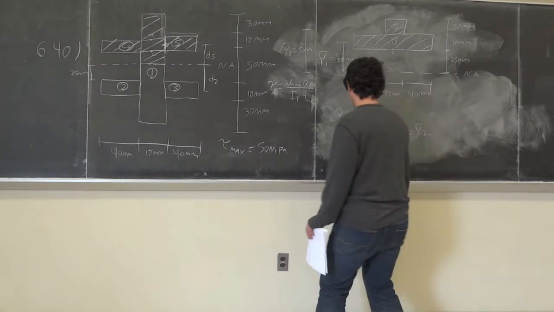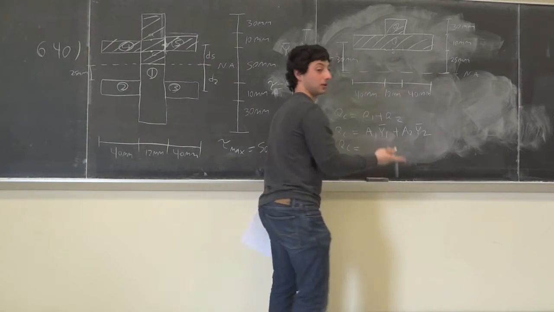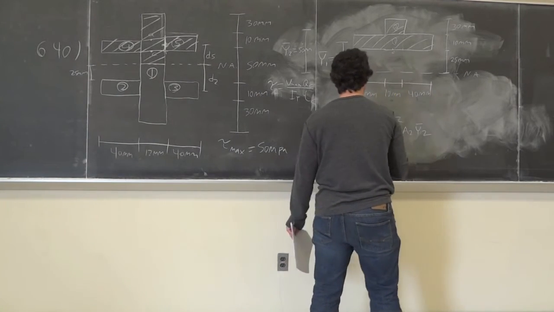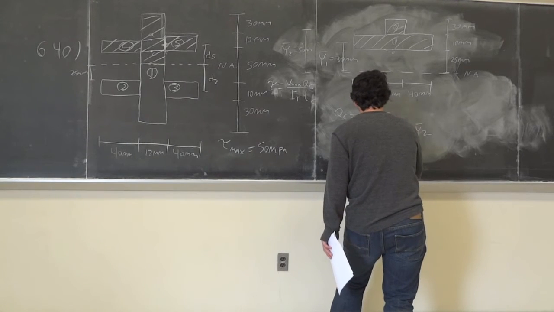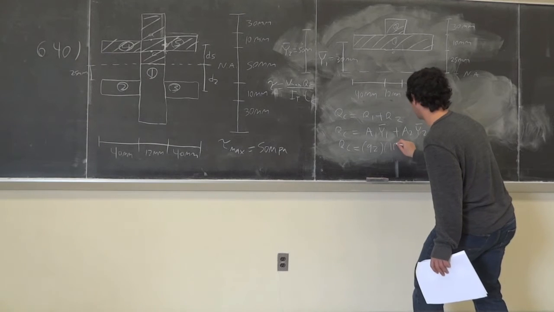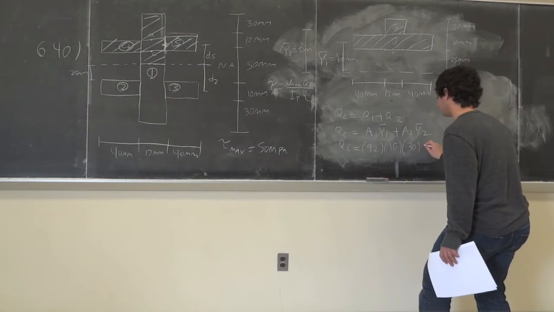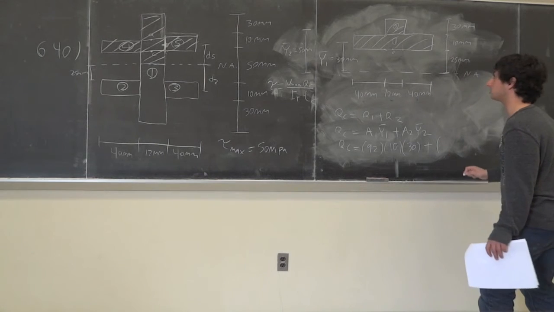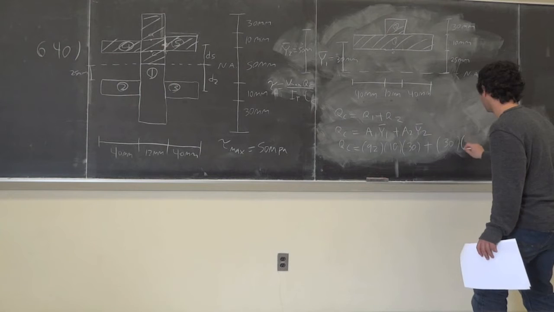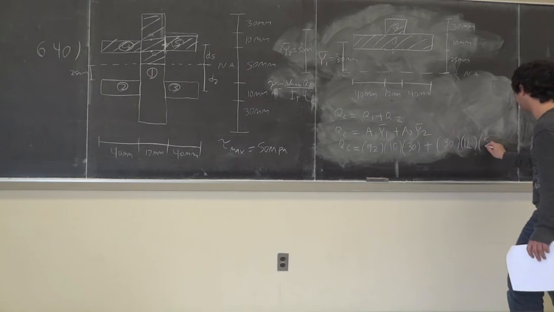So QC is equal to, this distance now, you're right, is 92. 40 plus 12 plus 40 is 92. So I'm finding the area right now, 92 multiplied by 10, and then y bar 1 is 30, plus A2, which is 30 times 12 times 50.